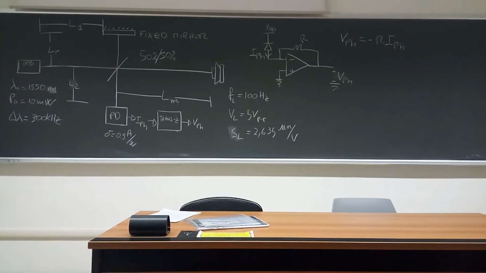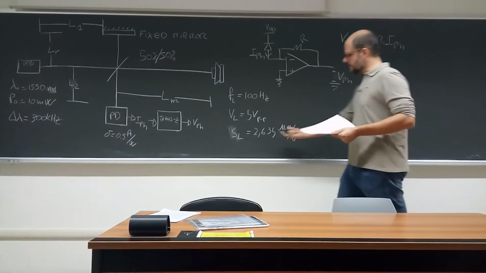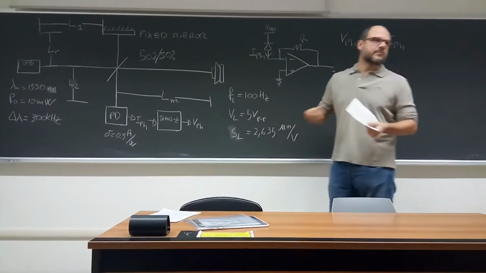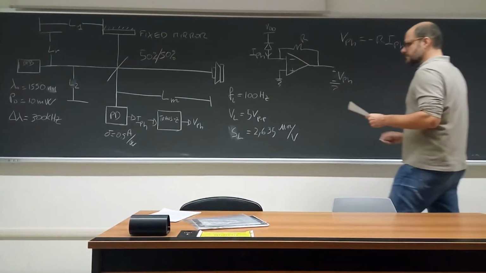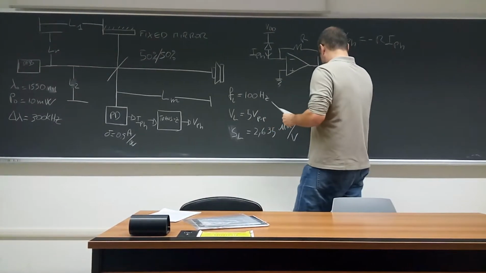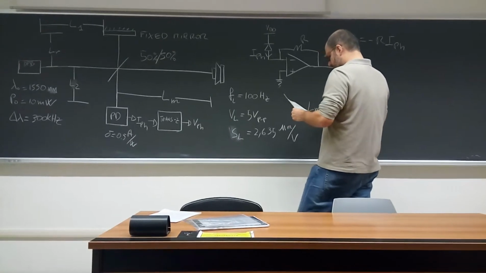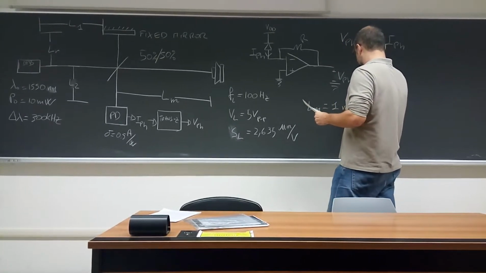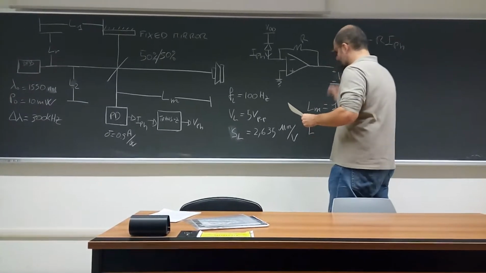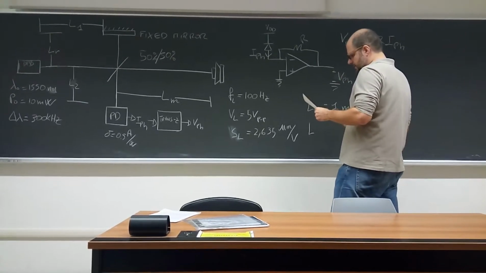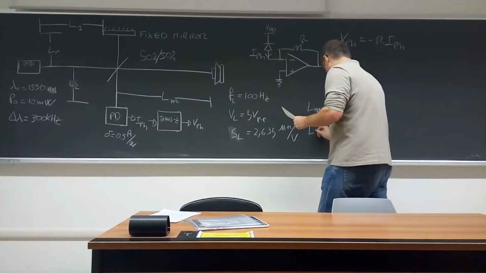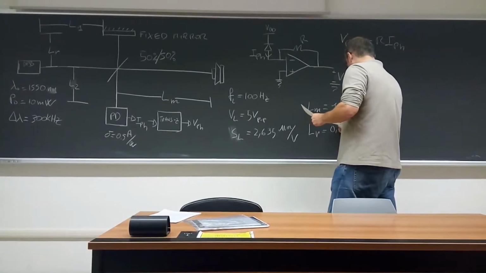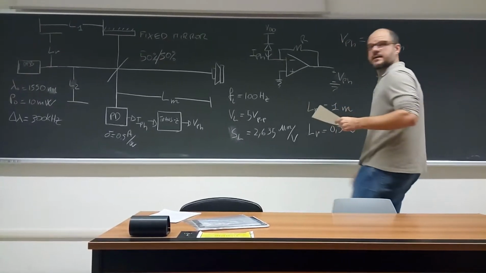So what does it mean? That if you apply 1 volt to the loudspeaker, it moves by 0.635 micrometer. Then the other data: the reference path is equal to 1 meter, and the measuring arm is equal to 1 meter. The reference arm is equal to 0.5 meter.